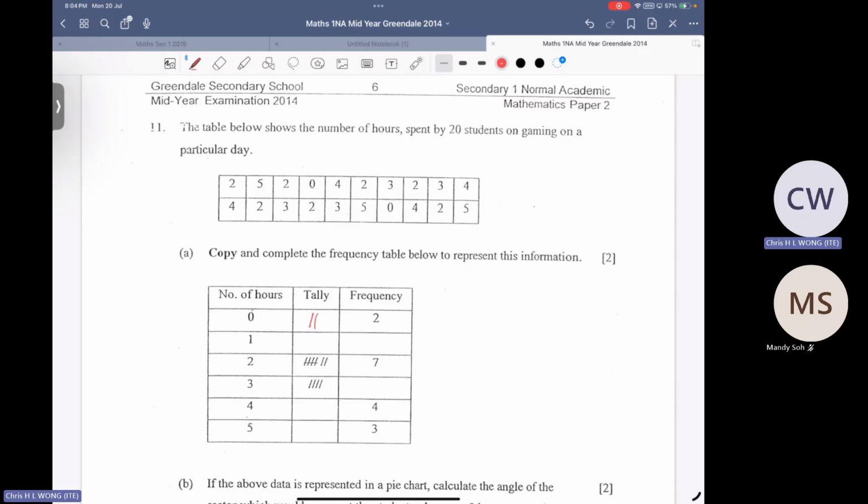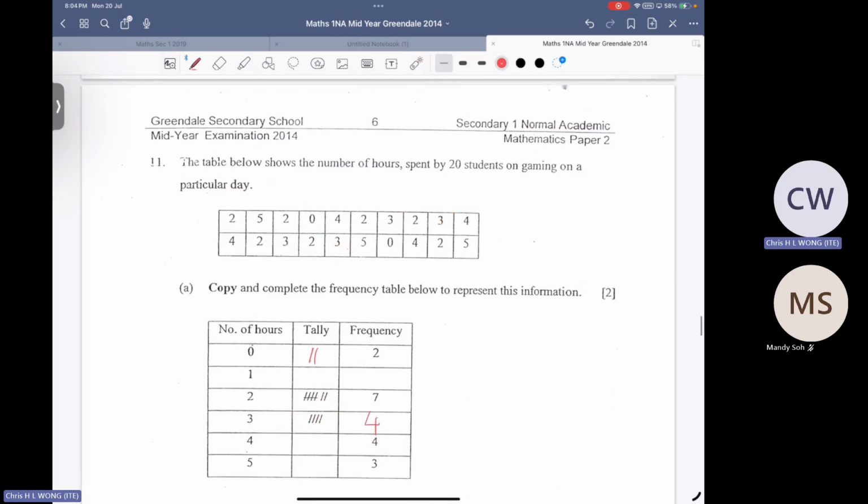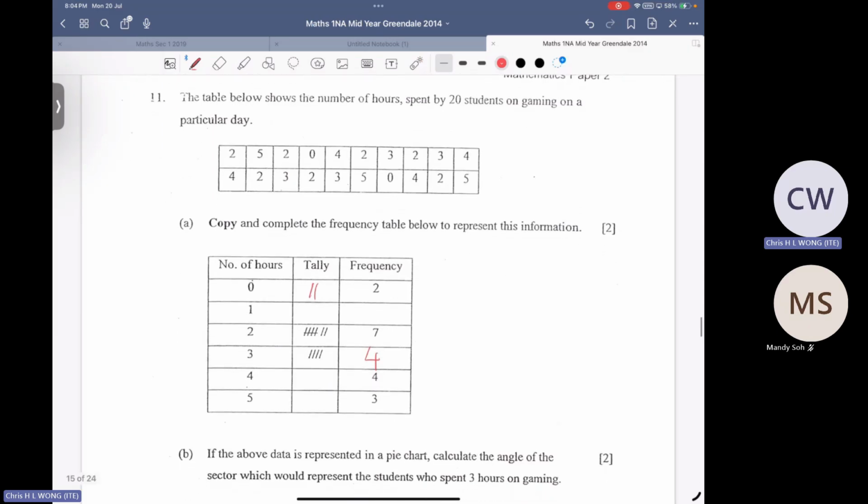For 3 hours, how many are there? You look at it, there are 4. So you check: 1, 2, 3, 4, correct. So you just put 4. For 4 hours, they already give you 4, so you put 1, 2, 3, 4.